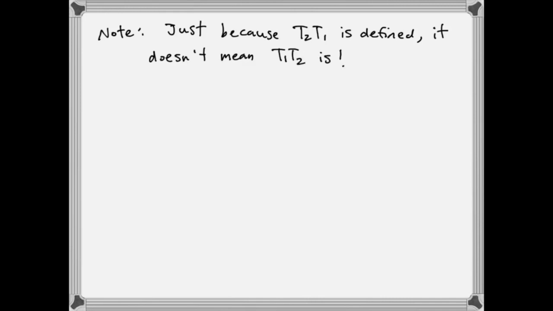Okay? And more importantly, in general, even if they both exist, T2, T1 is not the same as T1, T2 in general. Okay, this is extremely important. When you compose maps in a different order, just like you learned in algebra, you do not get the same function. Okay. So let's do a quick example here.